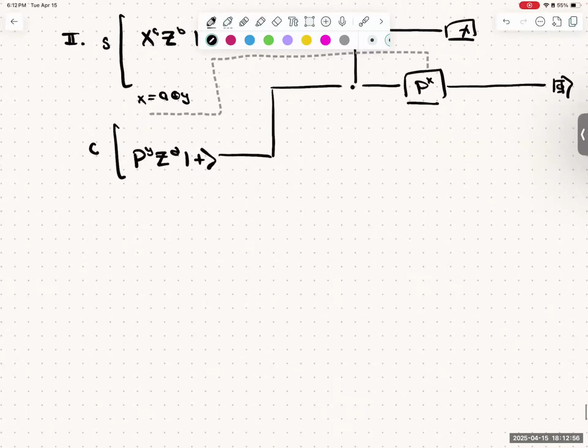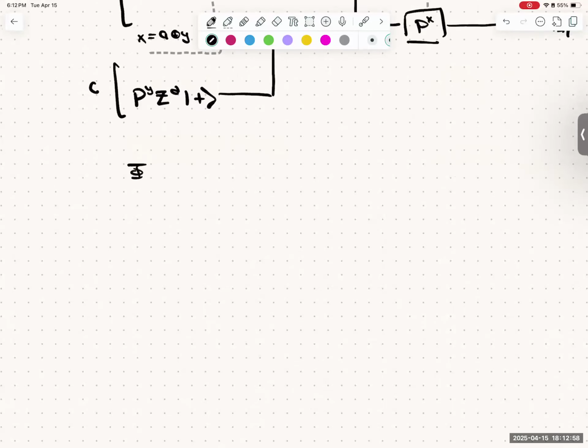Okay, and what is phi? So this is quite a complicated little key change: Z^(a(c+y+1)+b+d+y) acting on T psi.